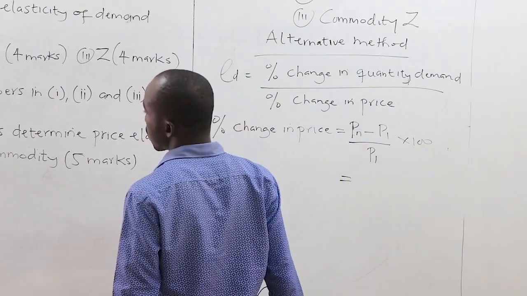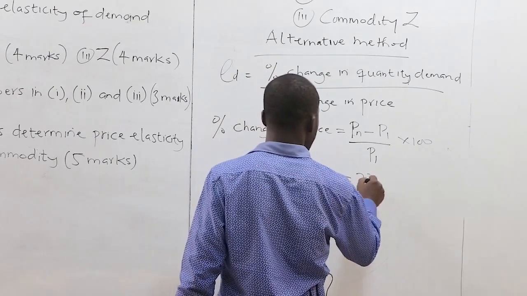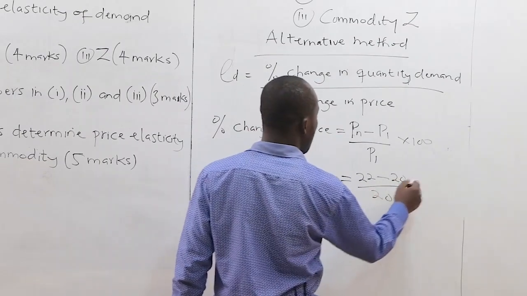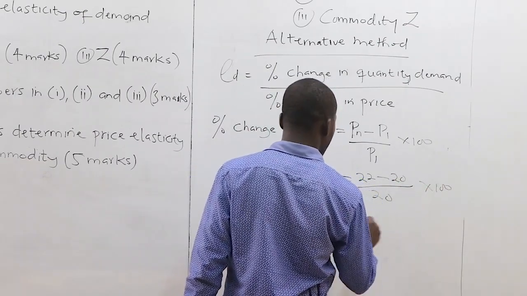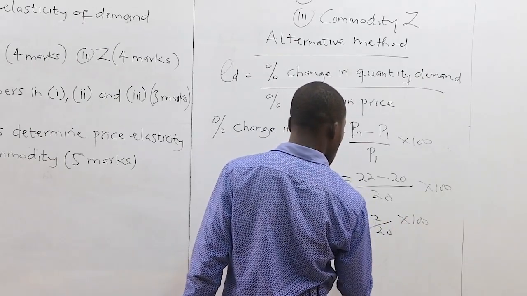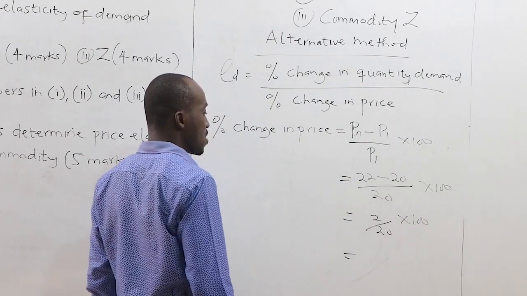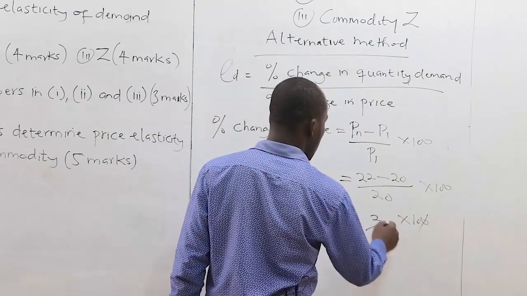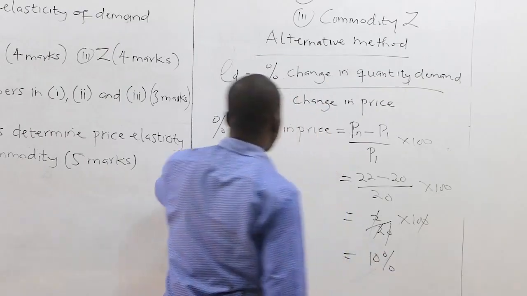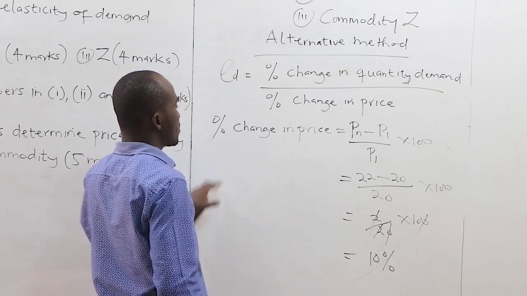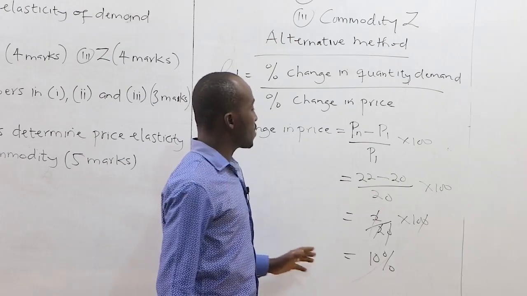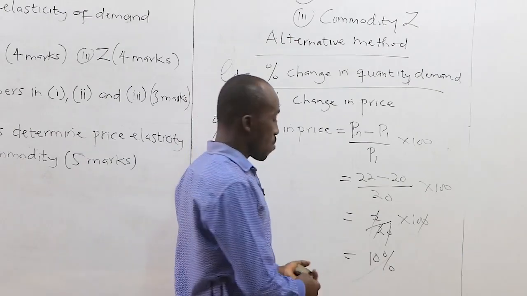The new price, as we all know, is 22 minus the initial price 20, divided by 20 times 100. So you have 2 divided by 20 times 100. So what do we have there? We have 10%. So the change in price is 10%. Okay? So now, this will give you 1 mark too.